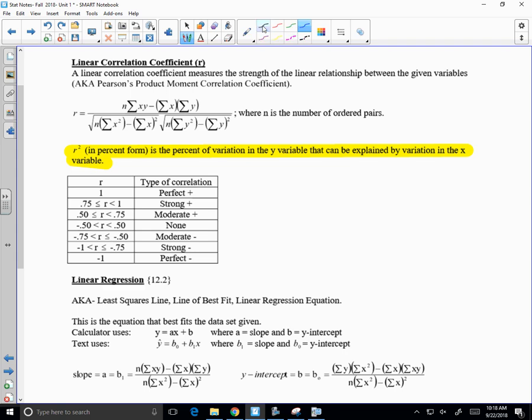One of the many things that's very frustrating about this calculator is that every stat book and statistician on Earth uses lowercase r squared, but for some reason the TI-84 uses a capital R squared.